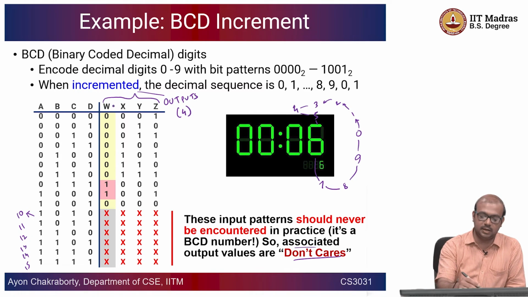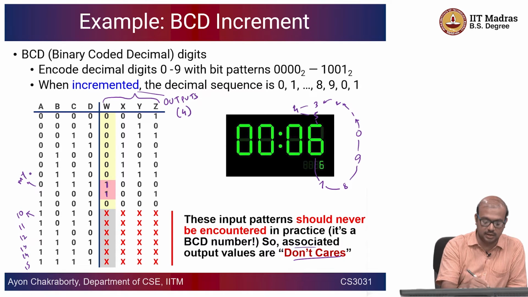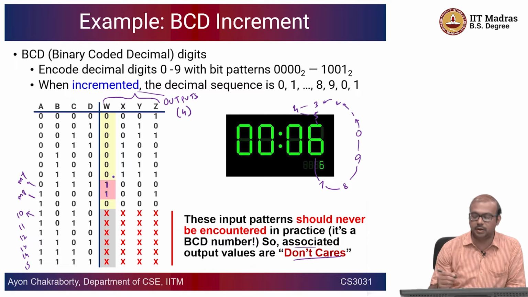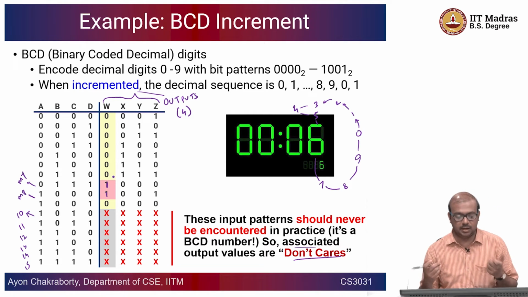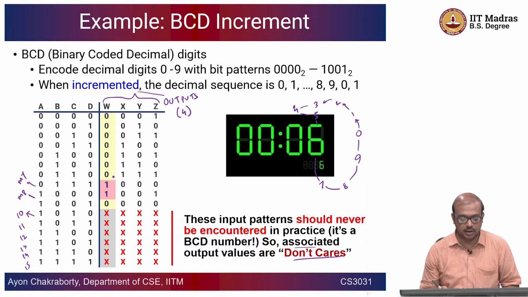So, if you take W, there are only 2 min terms, right. One is M7 and the other one is M8. But if you just take these 2 min terms, you are going to be left with a huge expression, right, and you cannot really do anything about it.